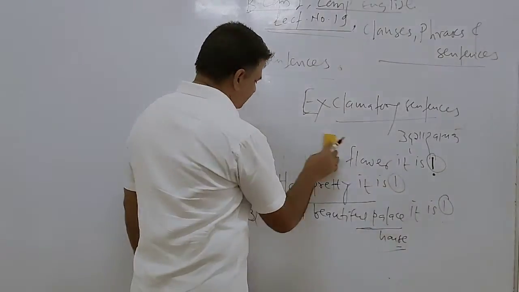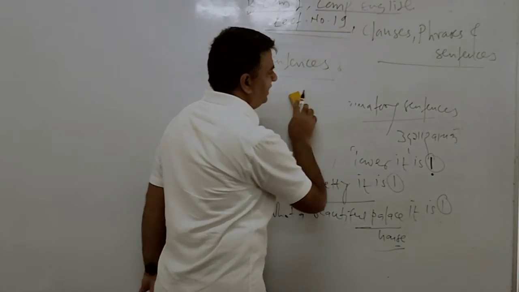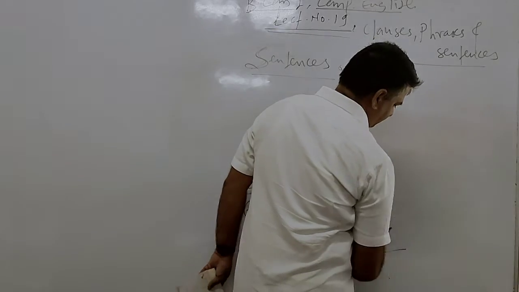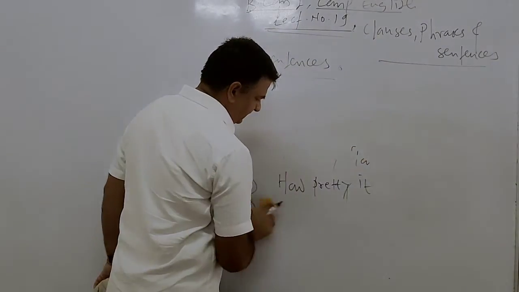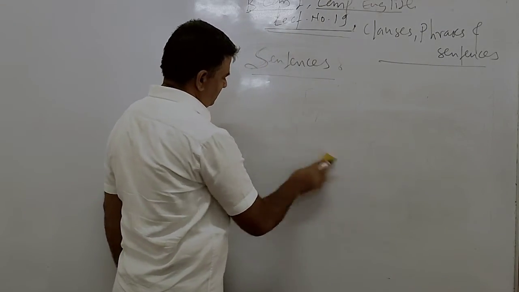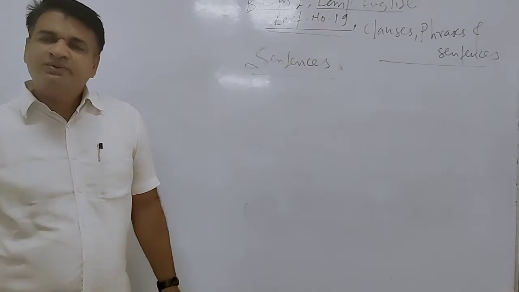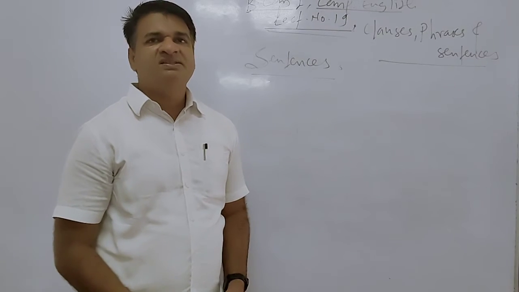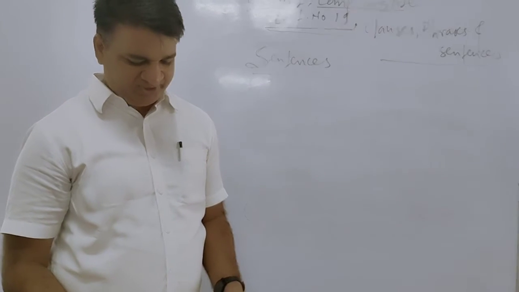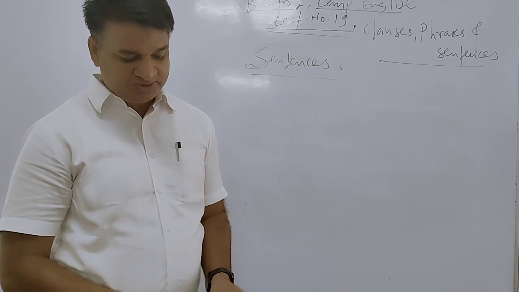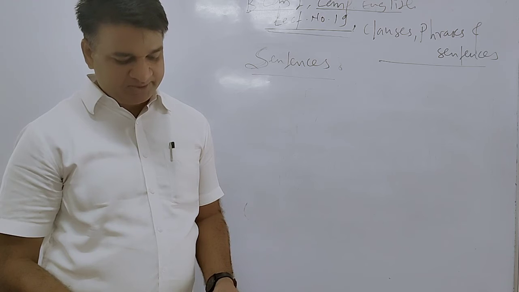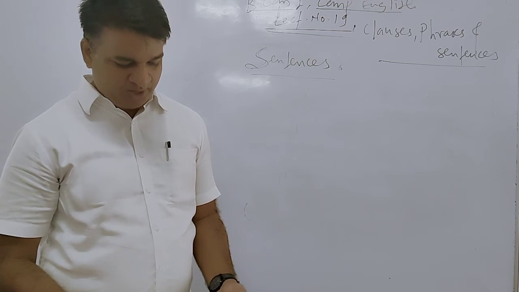So these are some examples of these exclamatory types, and when in the exam you are asked, you have to simply mention that this is a sentence and this is an example of exclamatory sentence, which is easy for identification by its mark.